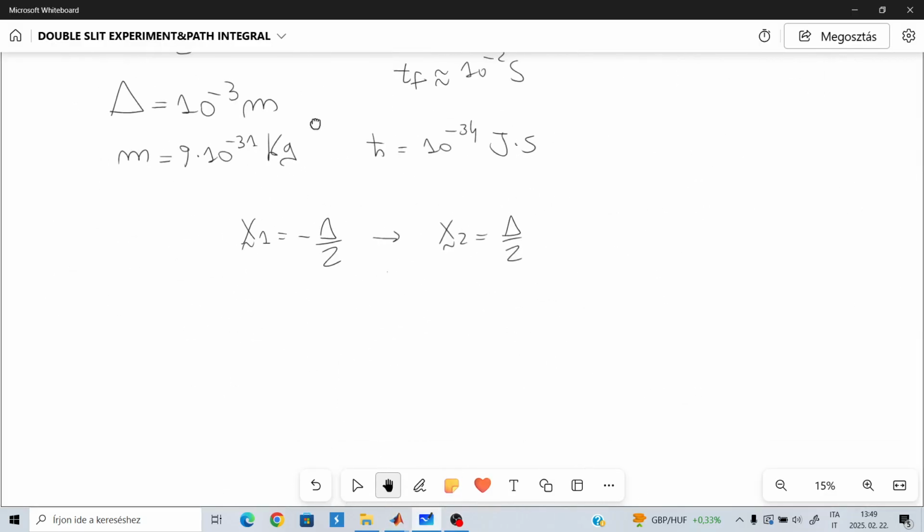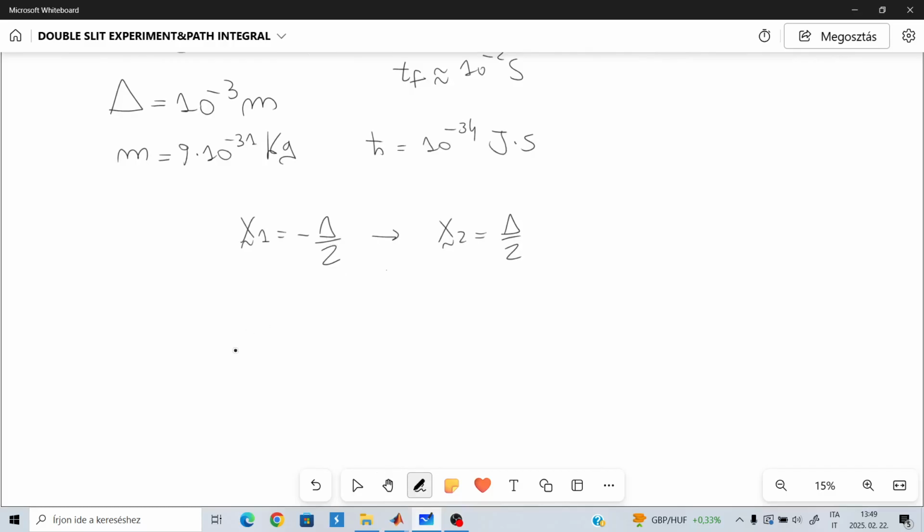If we choose the two slits in such a way that they are very far from each other, so that delta is quite large with respect to the way that these waves oscillate, well, we have to expect that there is no interference between the two waves, right? And we should see no interference pattern on the wall.